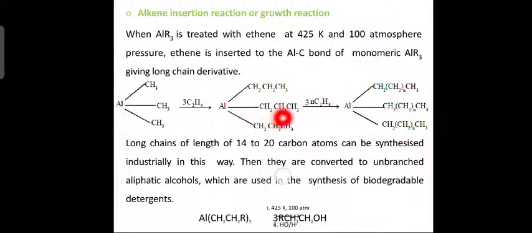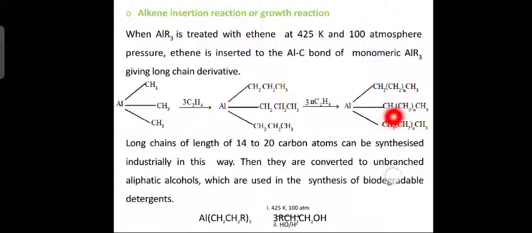Similarly here also the alkene group is introduced, 3 molecules are reacting. Here also one more molecule adds, so that you get CH2CH3. Suppose 3n molecules of alkene react, 3 times n molecules, so that you get CH2 n times in a long chain, that's why it is written as n times CH2 followed by CH3.